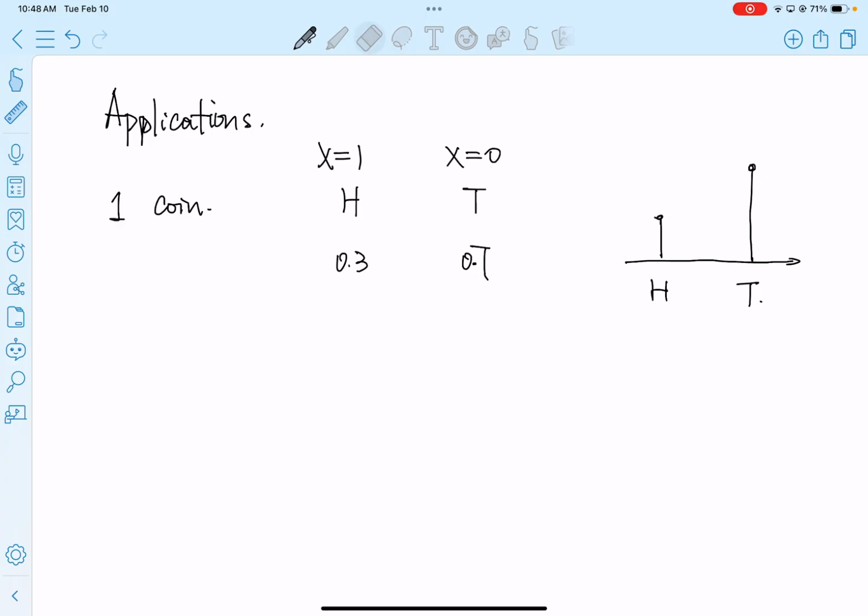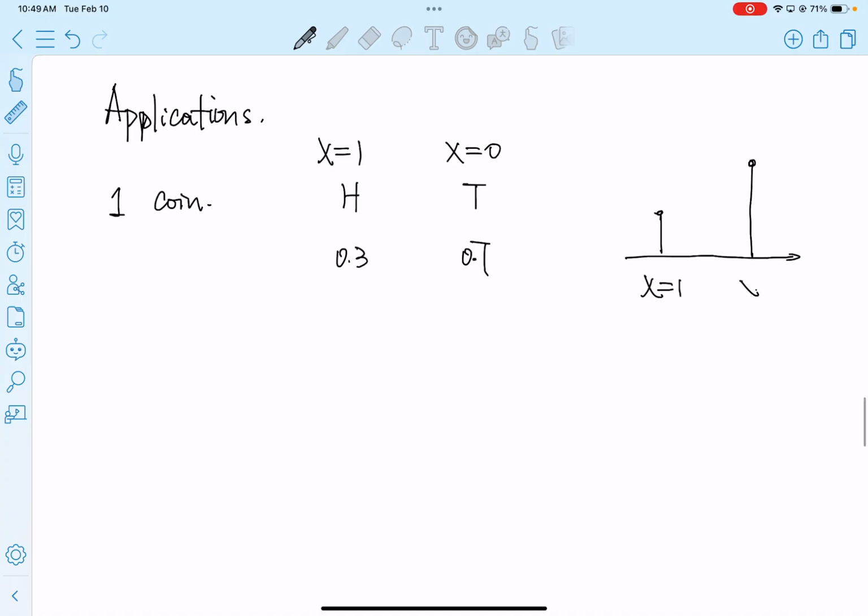We can then replace the labels for this figure. This is x equal to 1 with a probability of 0.3: when we flip a coin, we land on one head. And when we flip a coin resulting in 0 heads, that is saying we have a tail. Okay, so that is the case for one coin.